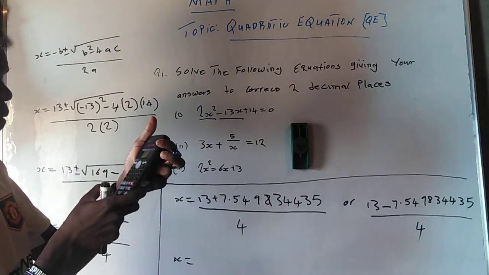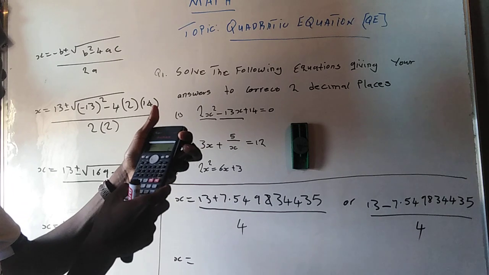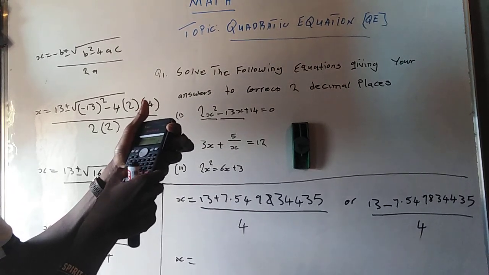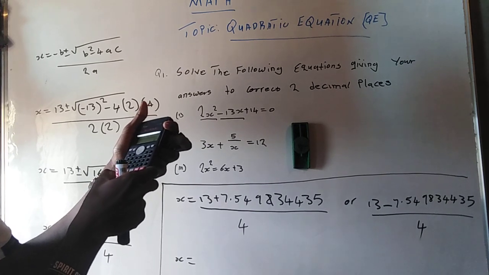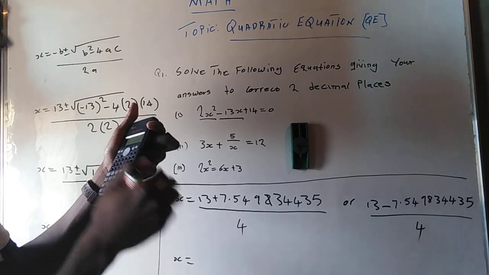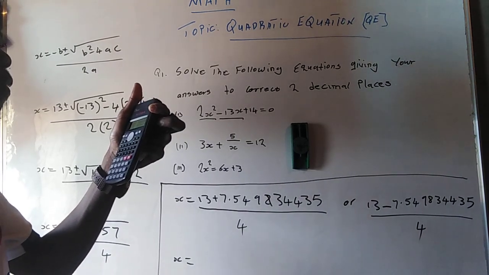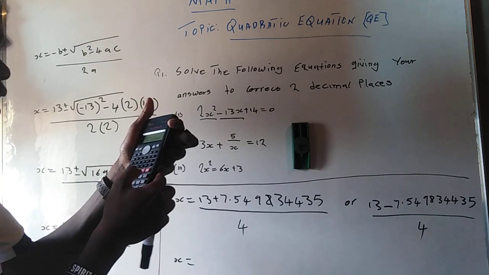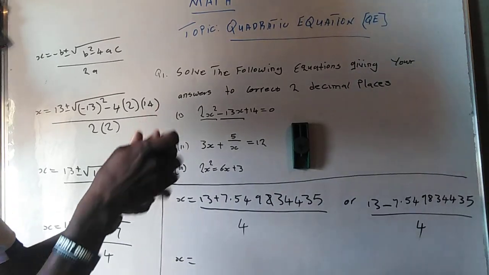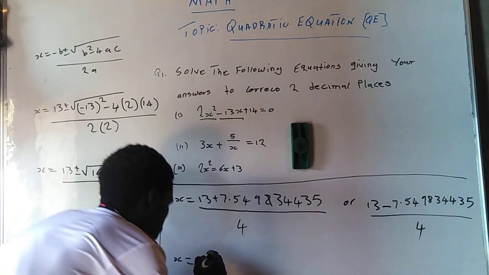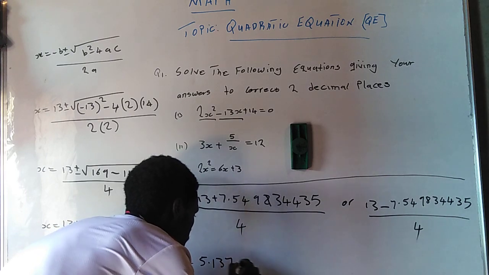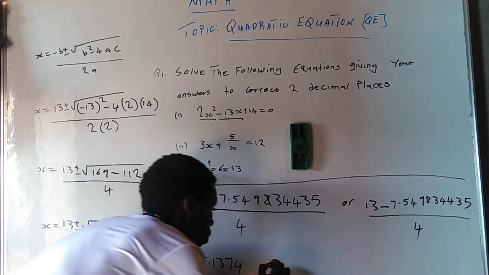So now I'm going to say 13 plus 7.549834435, I'm coming up with 20.549834444, divided by this 4. I'm going to come up with 5.13774.